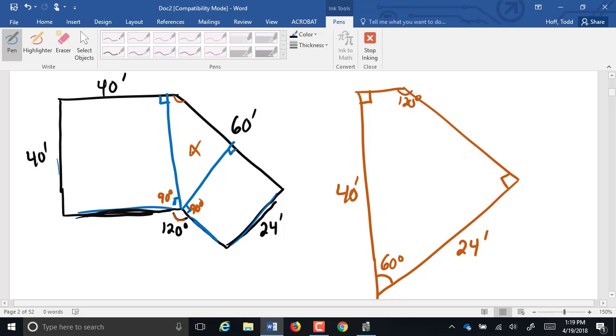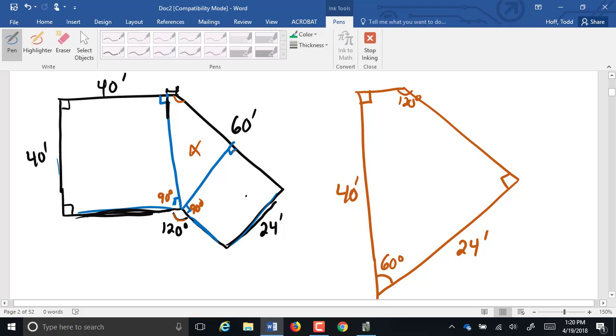We'll leave it as 40. Yeah, but it doesn't match up with that corner. This down here is shorter than 40, because the 40 goes out to here, not to where this hits. Does that make sense? Okay.